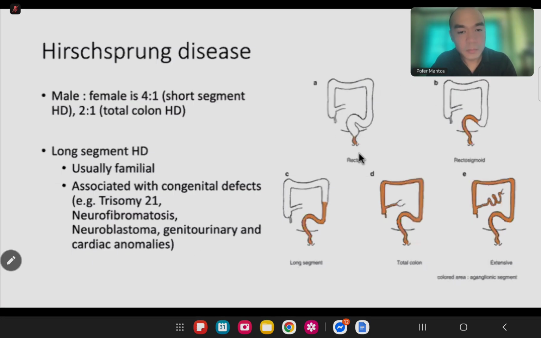We have the short segment, the rectal or rectosigmoid involvement, and the long segment, beyond the sigmoid. Total, if it includes the proximal portion of the intestine and the terminal ileum, and extensive if a significant portion of the small intestine is affected.